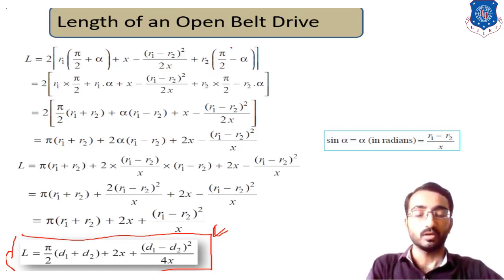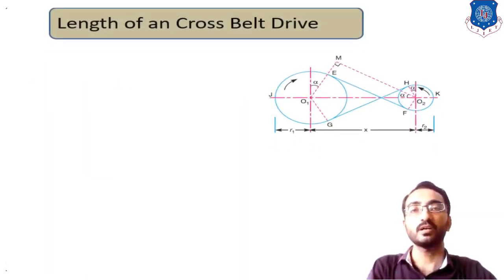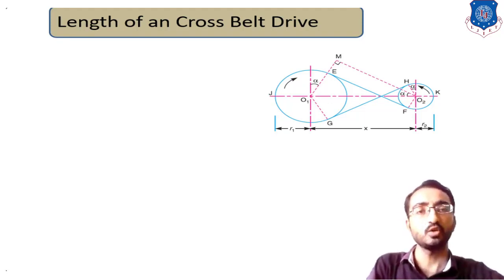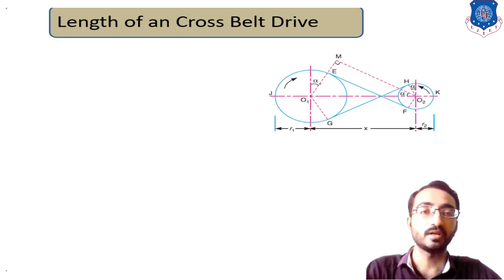Now let's derive one more equation, for the length of cross belt drive. Over here you can observe the change: in case of flat belt drive, your diagram is connecting this line in such a way that your intermediate point is connected in this way.